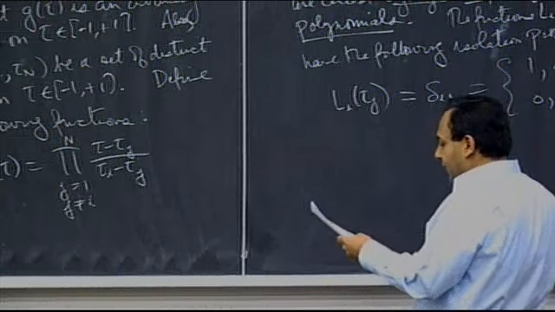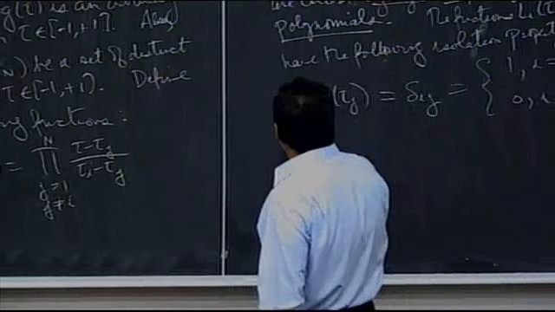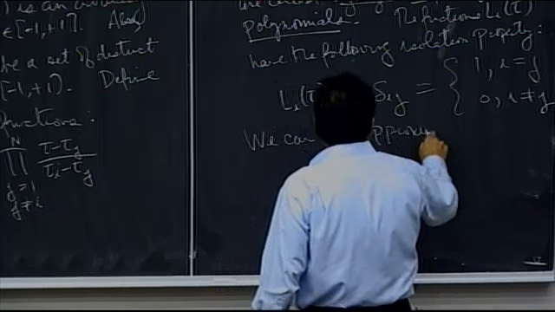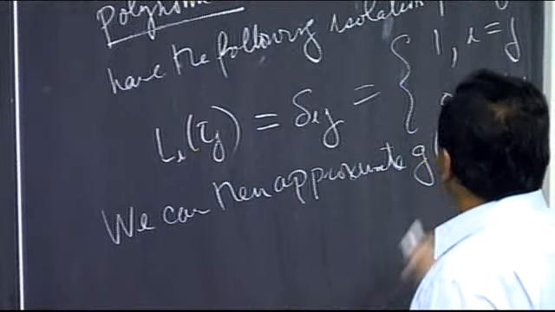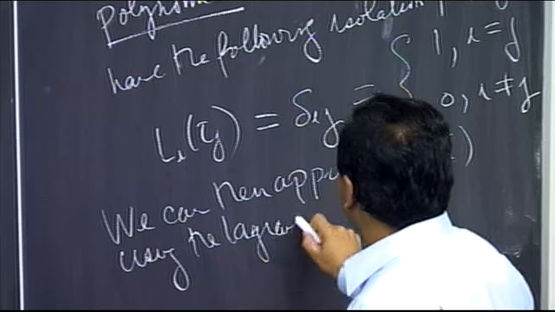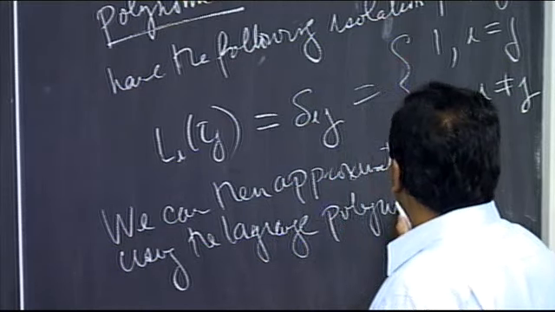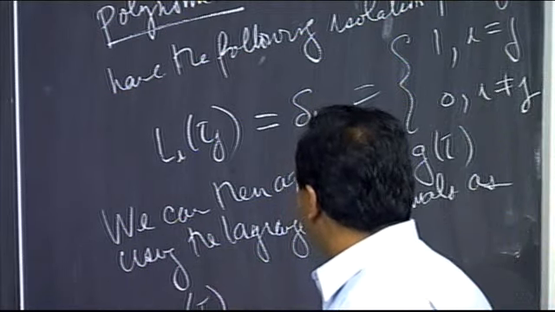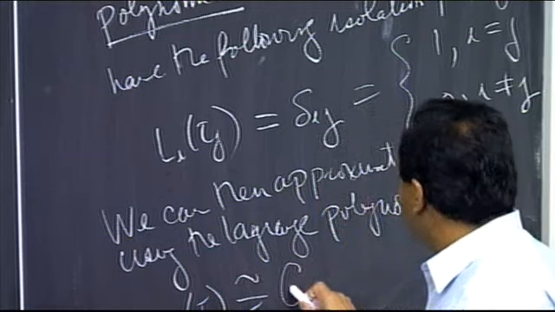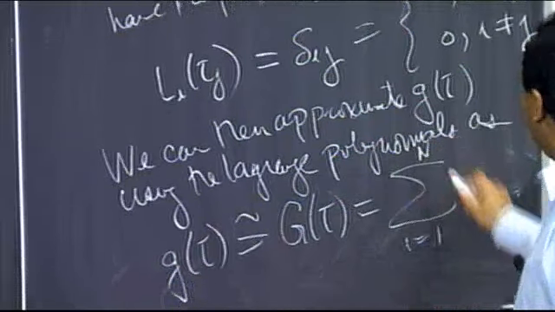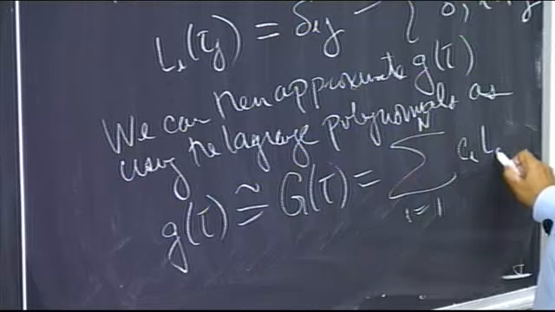All right, now, given that that's true, we can approximate g of tau using the Lagrange polynomials, as g of tau is approximated by this function big G of tau, which is equal to the sum from i equals 1 up to n of Ci Li of tau.